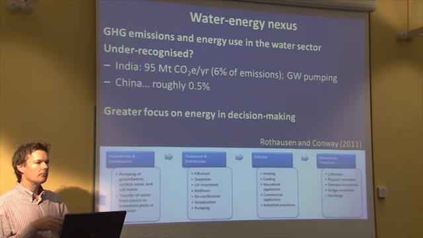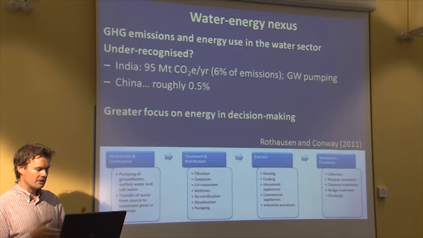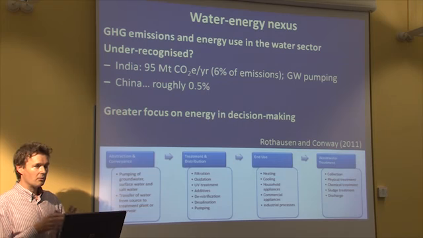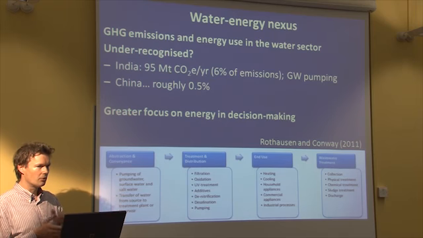And therefore, in many of our responses to these challenges that we face in the future, because a lot of the responses are energy intensive, we're going to increasingly need to factor into the decision-making process the energy requirements to support those policy responses. Thank you.